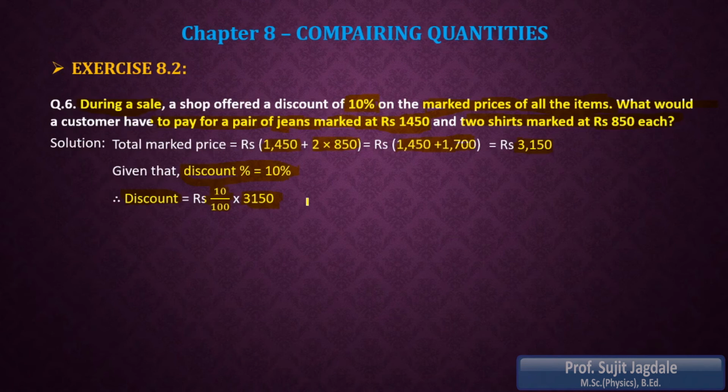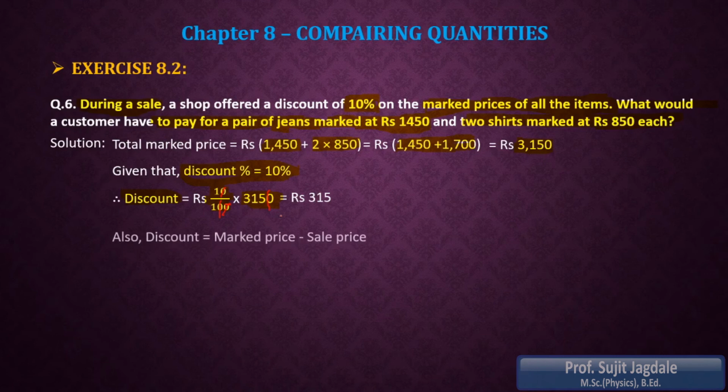Of means multiplication, so 10% into 3150, and we convert it into a ratio by dividing by 100, because we have to cancel the percentage sign. If you want to convert it into a percentage, then we multiply by 100. Just remember these two steps. Now you can cancel the 0 from 10 and 100, and the remaining 0 cancels with the 0 in 3150. So the remainder is 315, which is the discount.